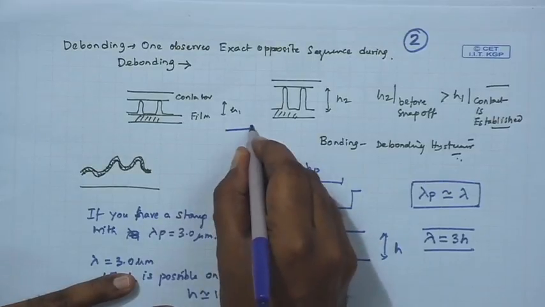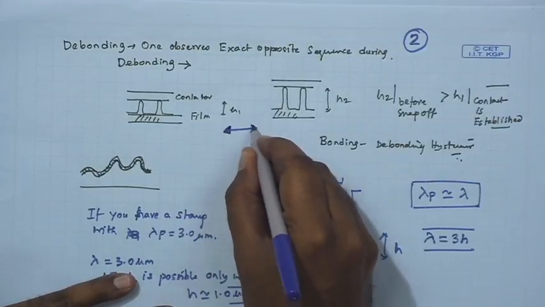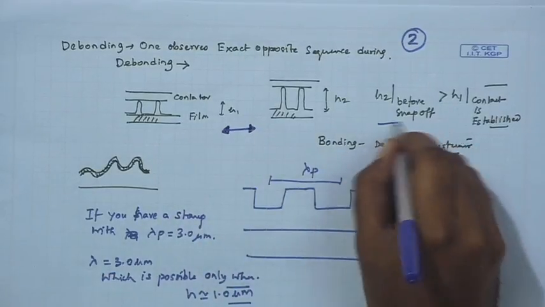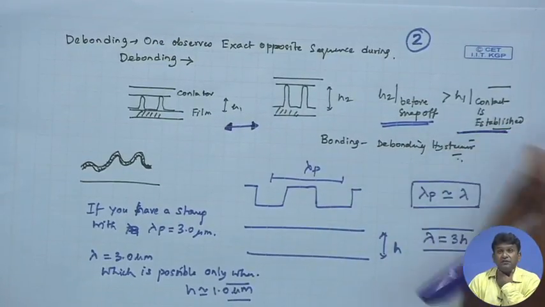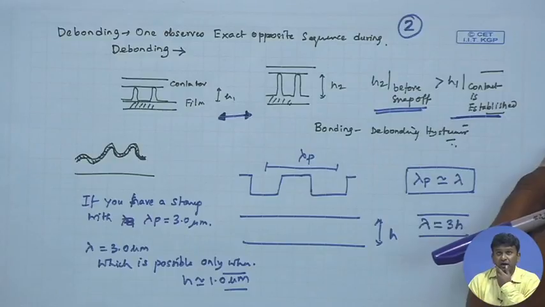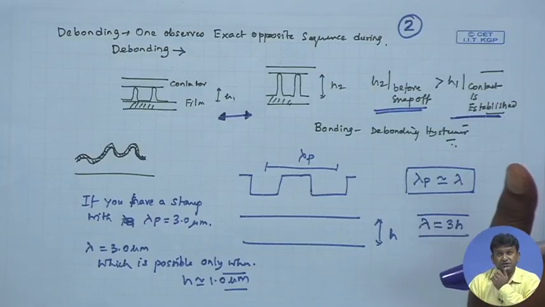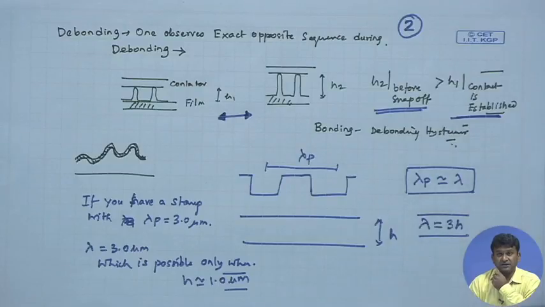The morphological transition sequence is exact opposite to that observed during approach, but more importantly, as we discussed, during debonding there is a hysteresis, and the separation distance at which the film snaps off is in fact higher than the separation distance at which the initial contact is established.